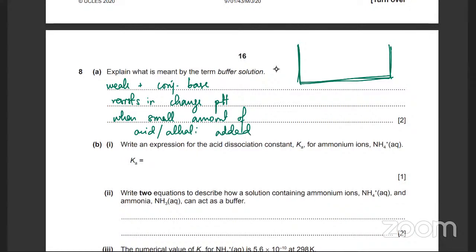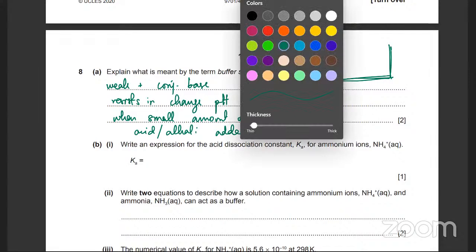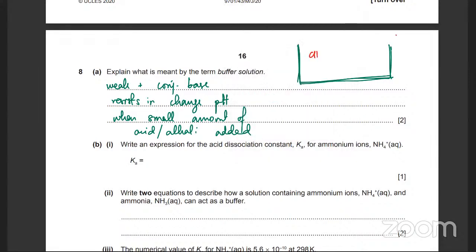So I'll just briefly outline how buffers work. For a buffer, you need a weak acid like ethanoic acid, and you need its conjugate base, which is going to be ethanoate ions. You need your ethanoate ions, which are the conjugate base of a weak acid. What's going to happen is one of them is going to act as a base.